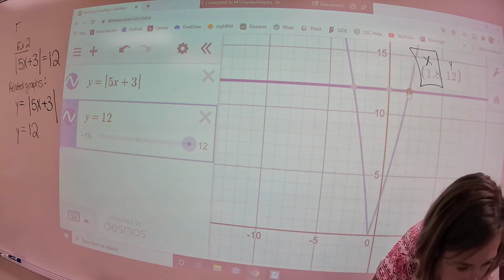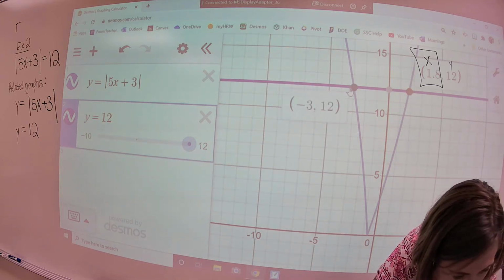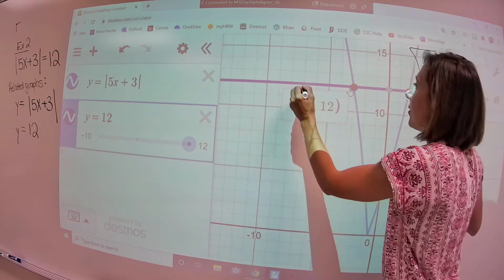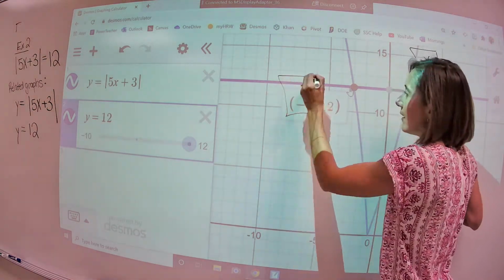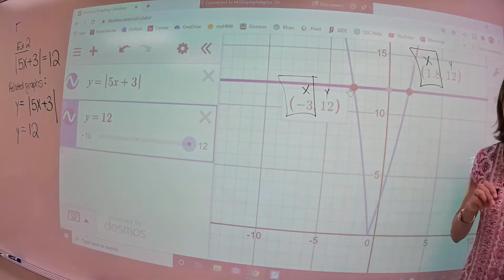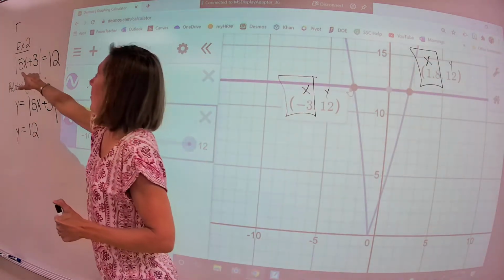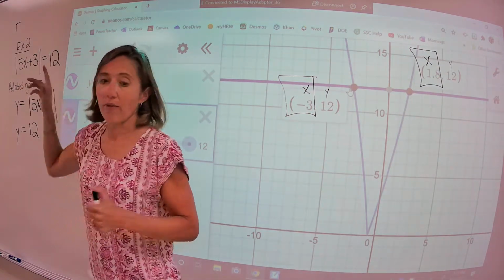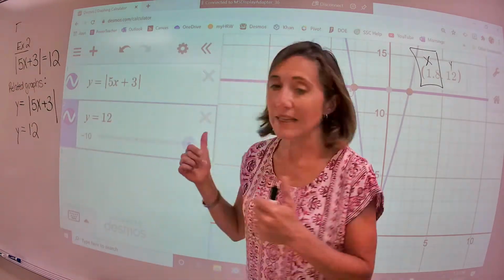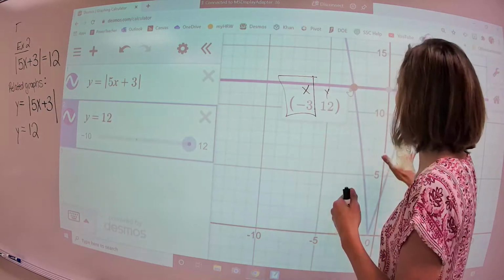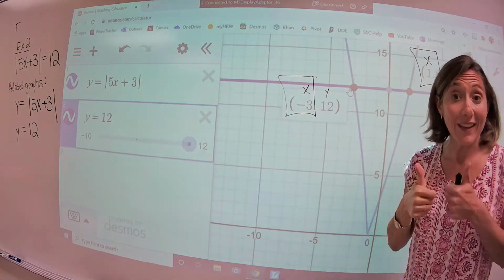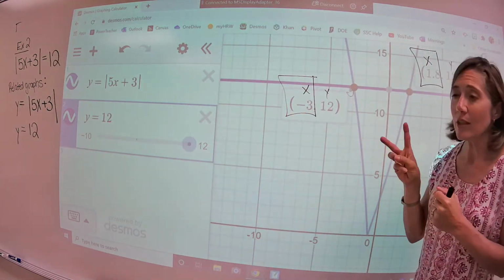And then the other solution is over here. When x equals -3, we get that output of 12. And that's what this equation was trying to say. It said, I want to know when this comes out to equal 12. So we have our two solutions. They verify graphically with what we found algebraically yesterday. So that's good.